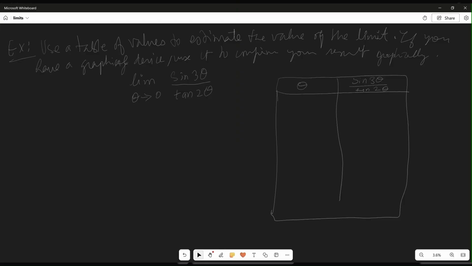So in the calculator, you have to plug in values like this, sine in the parentheses.